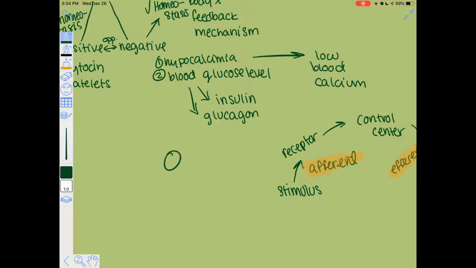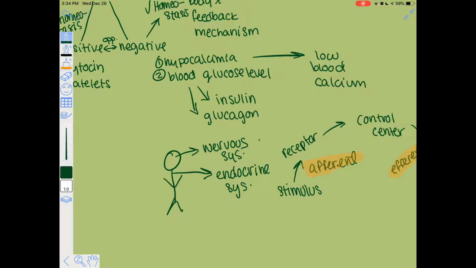The human body specifically has two organ systems that it uses for homeostasis, one being the nervous system and the other being the endocrine system. Now, the difference between these two is that the nervous system is the more quick and is kind of like an emergency responder.